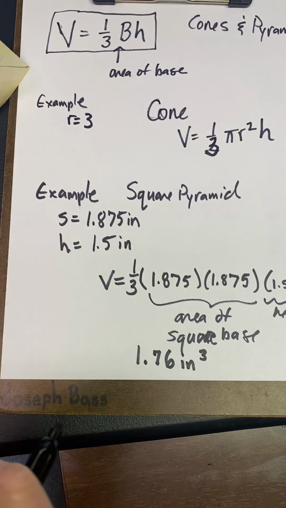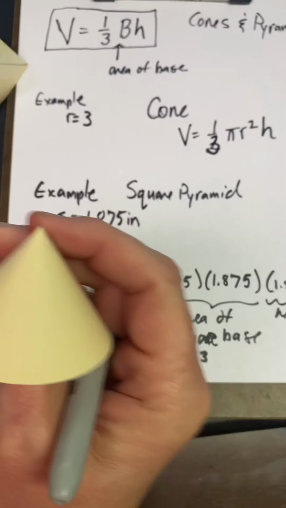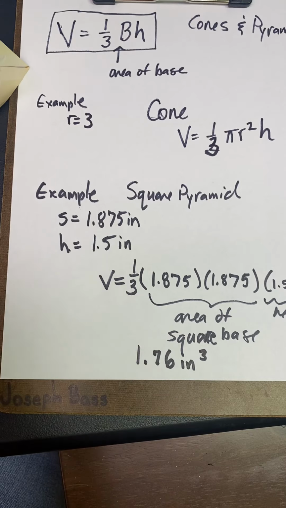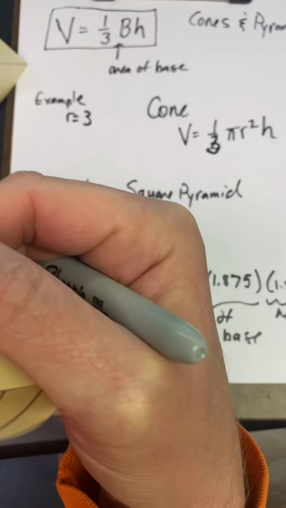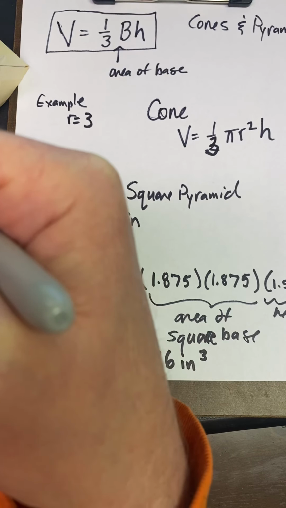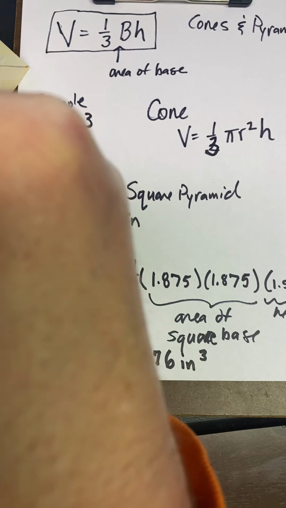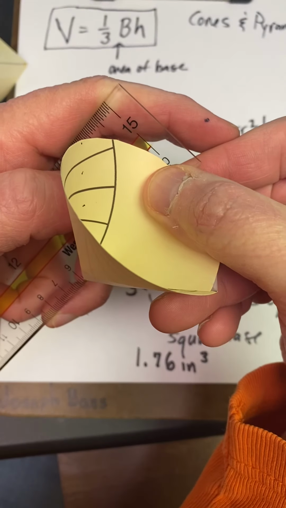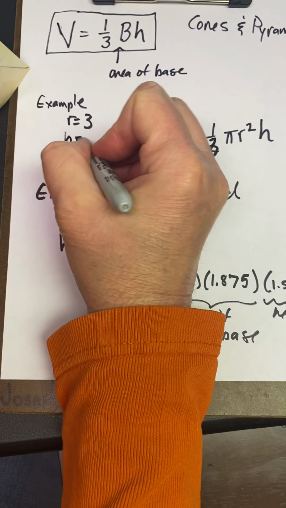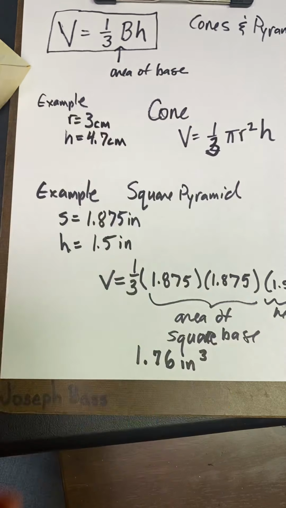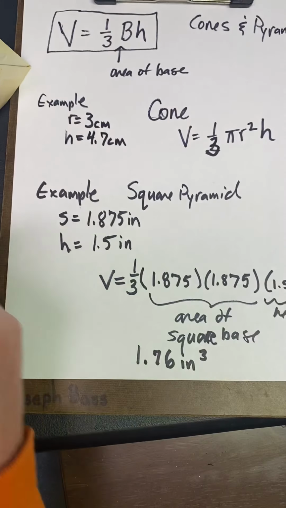And the height, let me eyeball it again. This height is the hard one to find in terms of centimeters. I'm going to eyeball it, folks. It is, I don't know, 4.7 centimeters. Okay, so I measured to get it.